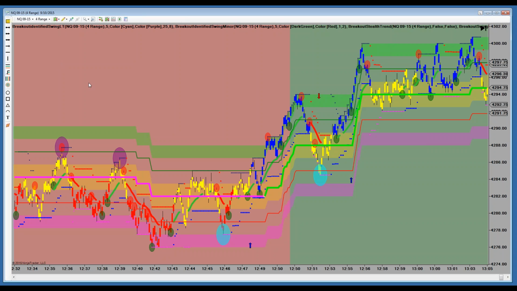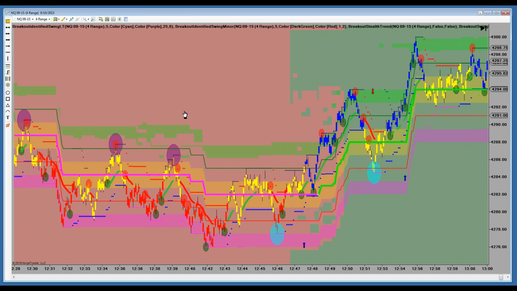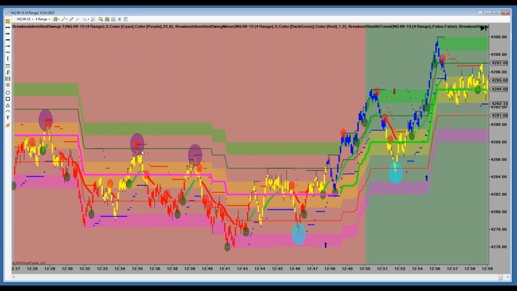So we have a number of things going on here. We have a colored background, green and transitional and red. We have the bar colors, of course, red, yellow, and blue. We have these swing dashes, swing high-low, and the trailing stop dots. Of course, the very prominent thing on the chart is the bands.